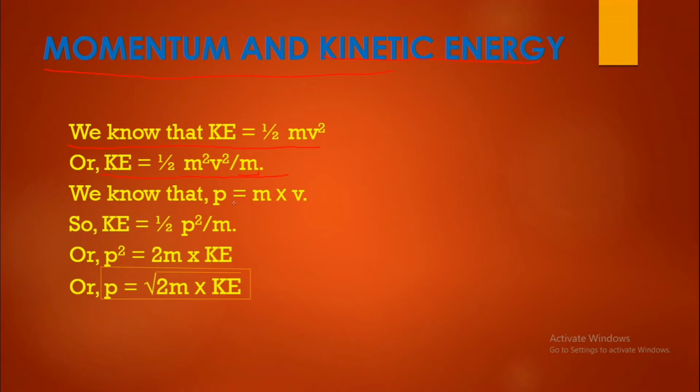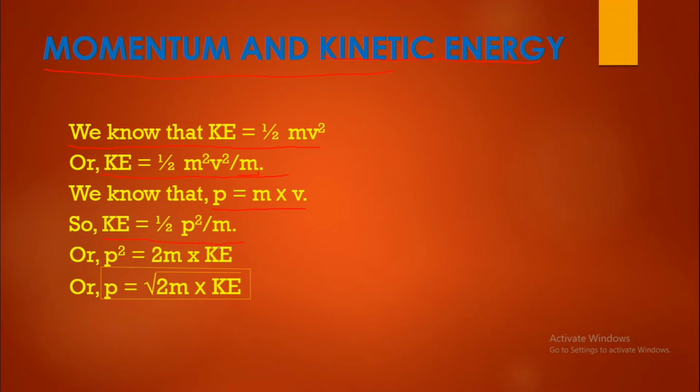We know that P is equal to mv. Momentum is equal to mass into velocity. We have studied this in chapter 2, I guess. So KE is equal to half P square by m.